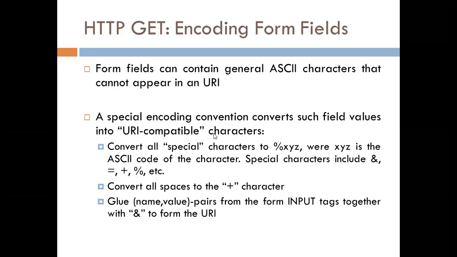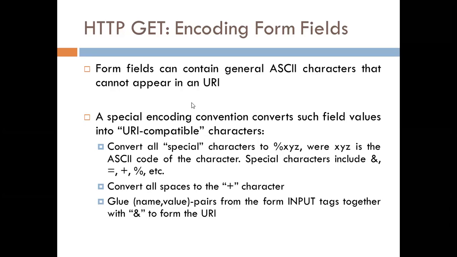Maybe equals, ampersand, percentage, all those things cannot be specified in a URI. So whenever these special characters are used, some encoding will happen. Instead of specifying the character, its ASCII code will be specified.